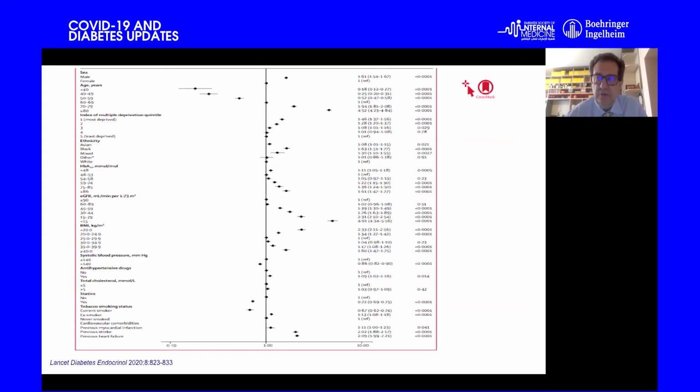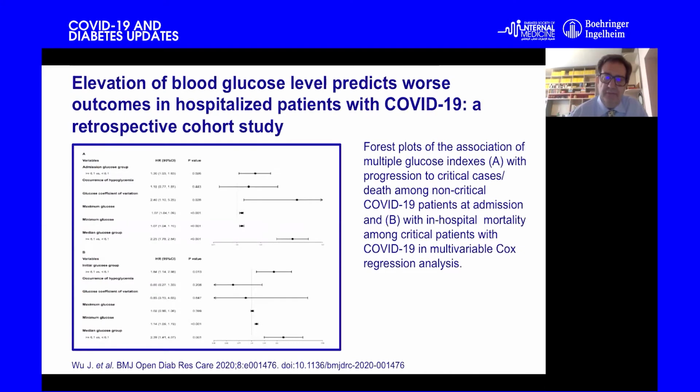So it seems that also the control of hyperglycemia before the admission to the hospital for the acute phase of disease can have a role in worsening the prognosis. On the other hand, when we speak about hyperglycemia, the story is more complicated.